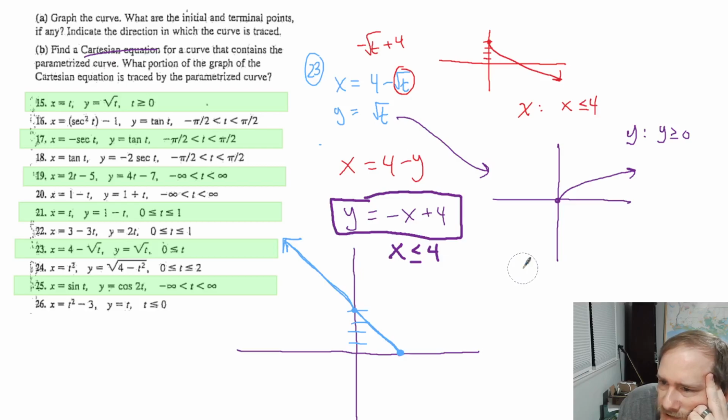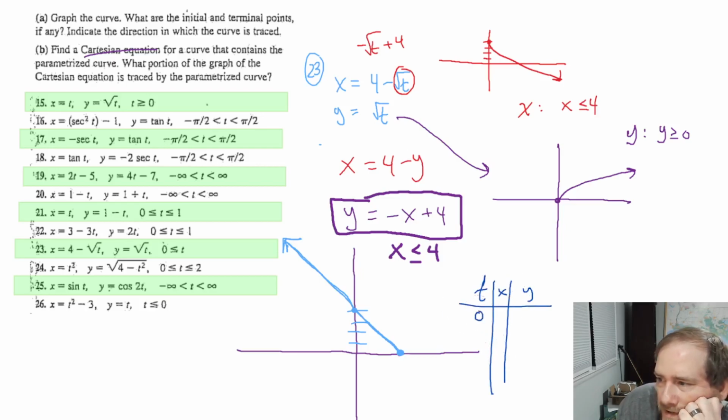Anything else to say here? I don't think so. Well, direction of growth, all that good stuff. Let's do that. Alright, so whatever. T, x, y. If you let t be 0, then you get 4 and 0. Which is not a huge shock that the endpoint of our ray is at t equals 0.